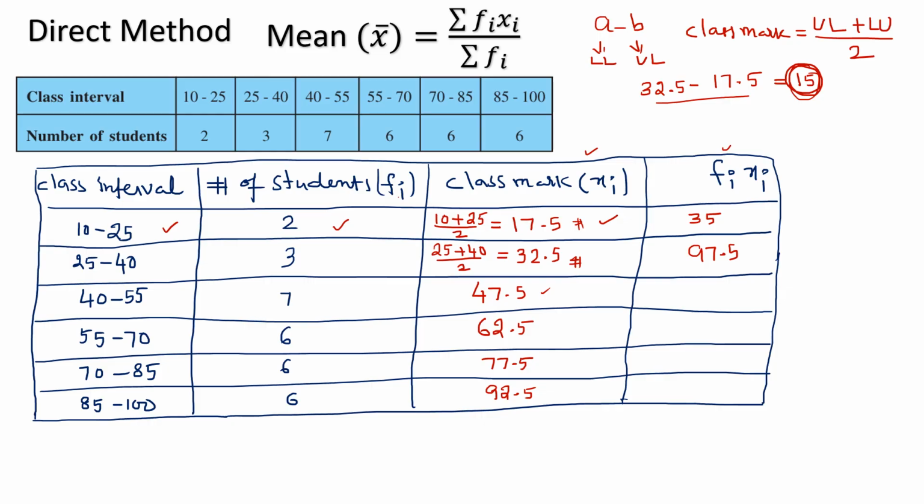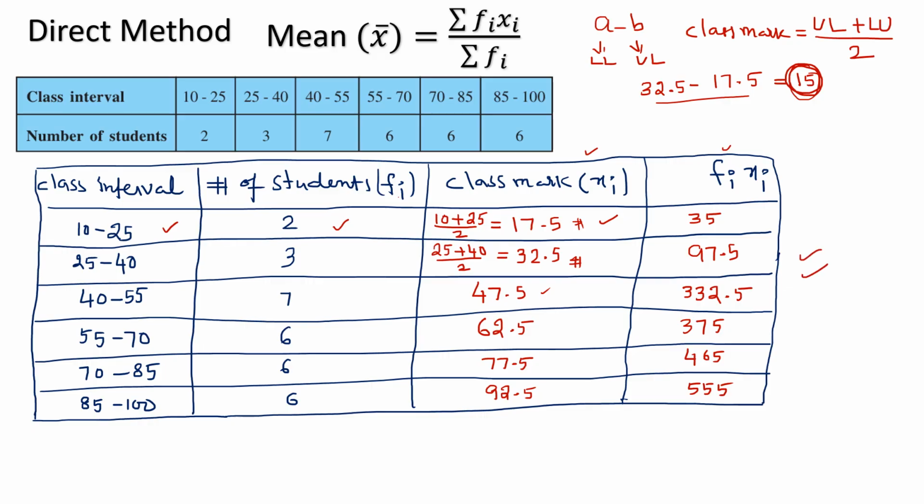So 7 into 47.5 is 332.5, then we have 375, then 4 times 41.25 is 165, then we have 555. Clear? So now we are done with the table.